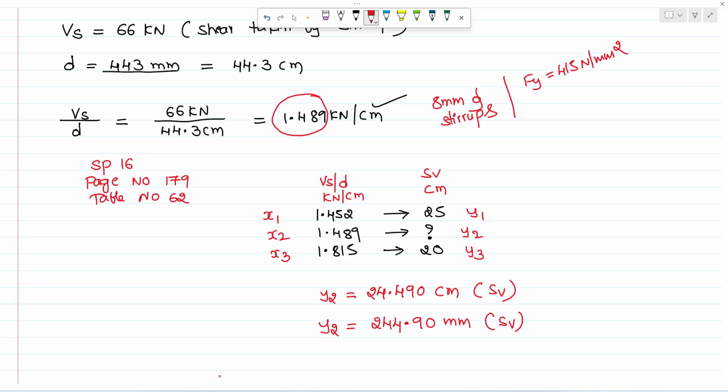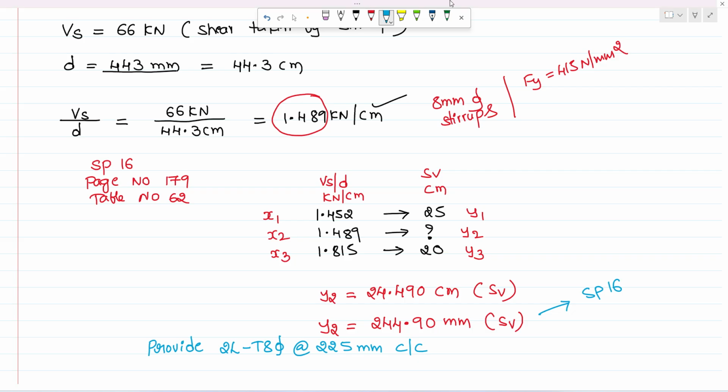But you provided the spacing. So your final conclusion is: provide two-legged 8 mm dia stirrups at 225 mm center to center. In the SP16 method you arrived at a spacing of 244.